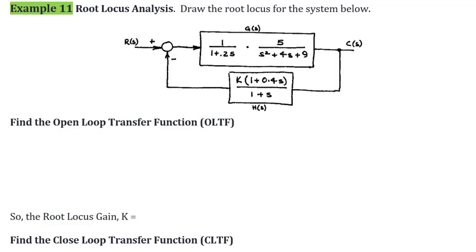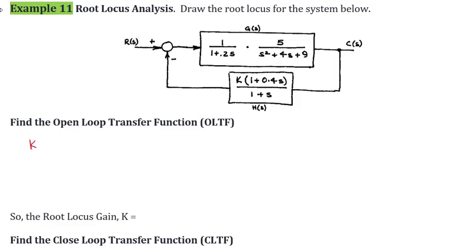But not to worry. We're going to just continue to follow the same process that we did before, in the same order. The only difference is maybe there'll be a little more algebra and a little more calculations that we'll need to do. First of all, we're going to find the open loop transfer function, and again, that's KGH.